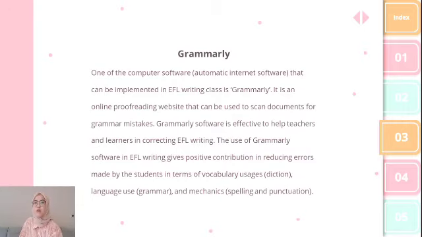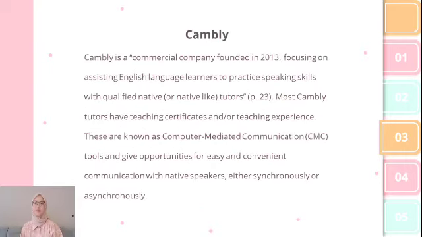The use of Grammarly software in EFL writing gives a positive contribution in reducing errors made by students in terms of vocabulary usage, diction, language use or grammar, and mechanics, spelling and punctuation.